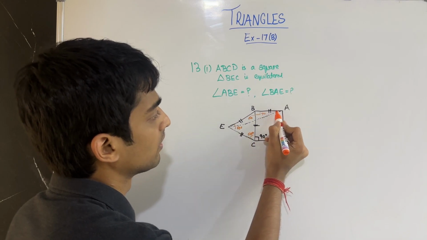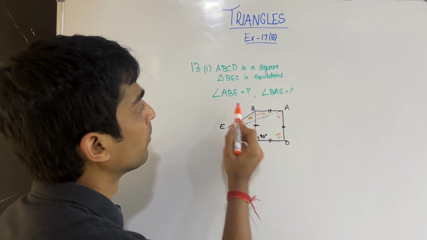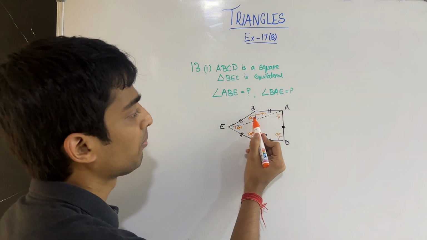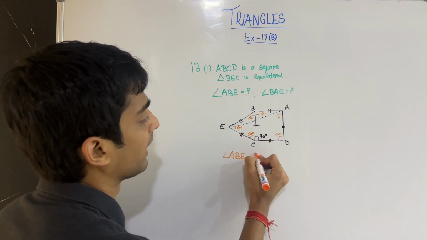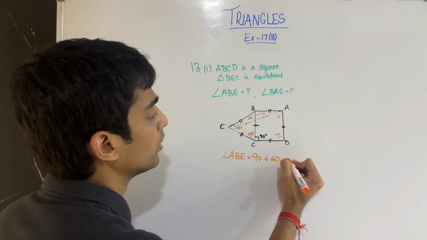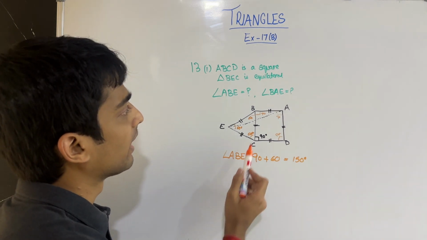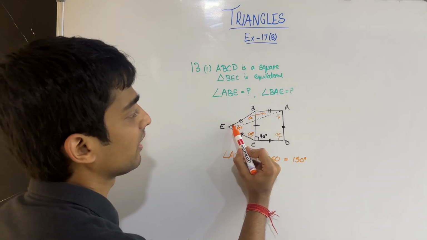One more thing, this is a square, so all angles are 90 degrees, 90, 90, 90. Now, angle ABE is this one, so we just need to add 90 plus 60. So angle ABE is 90 plus 60, which is 150 degrees. Now, let's find angle BAE, this one. So we can see this is an isosceles triangle.